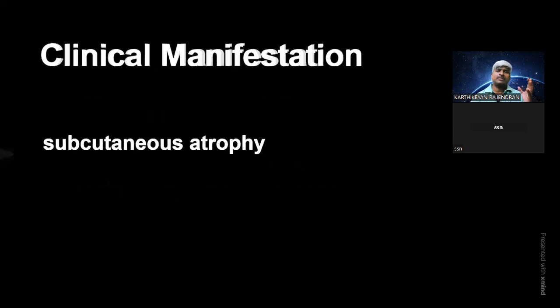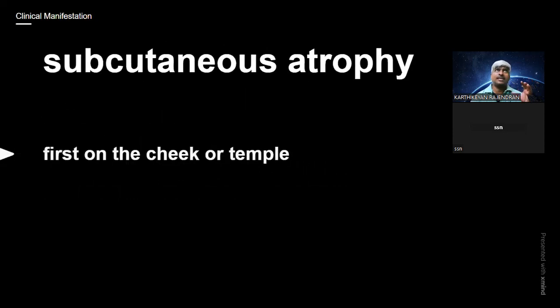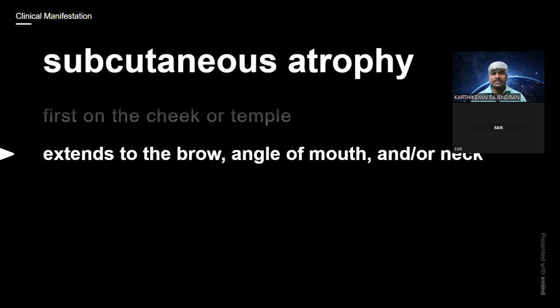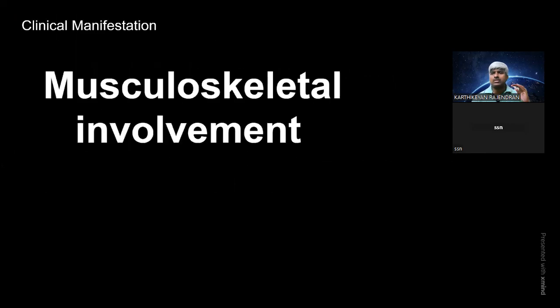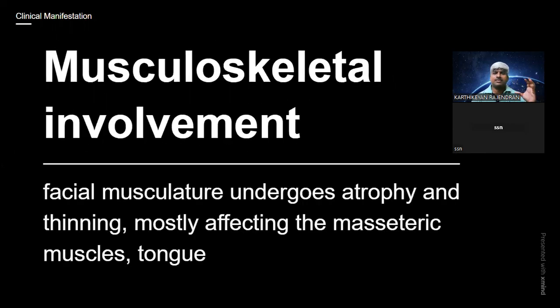Coming to the subcutaneous tissue, atrophy of the fat is noted, and it first affects the cheek, and goes to the temple, forehead and chin area. Like that, it extends to the brow, angle of mouth and neck. In musculoskeletal involvement, the facial musculature undergoes atrophy and thinning out of the muscle. The frontalis is mostly affected, and the cheek muscles, facial muscles, masseter, and tongue muscles are also affected.